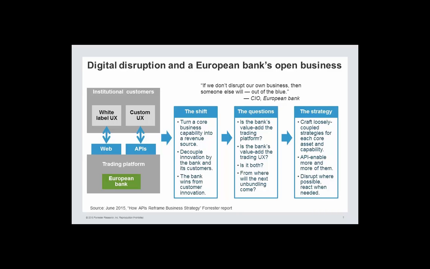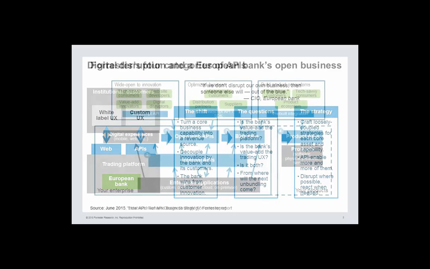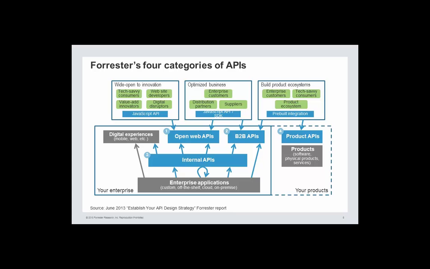Well, their strategy, and here's where they really have understood and adopted this notion of digital disruption and an API-enabled core business strategy, is they craft loosely coupled strategies for each asset and capability, and they're API-enabling more and more of them so that they can disrupt the market when it's possible, or if they get disrupted, they can react more quickly because it's their core business capabilities that are API-enabled.